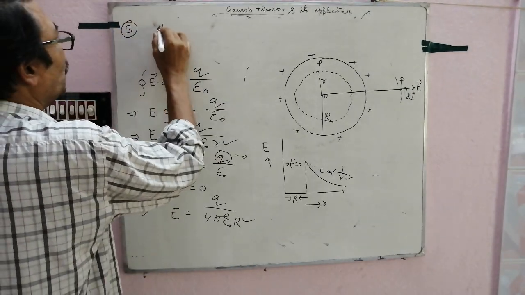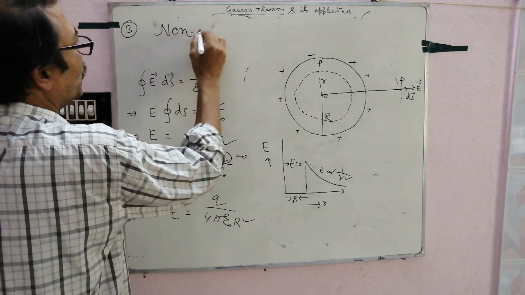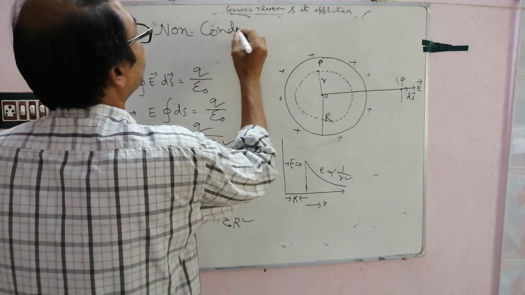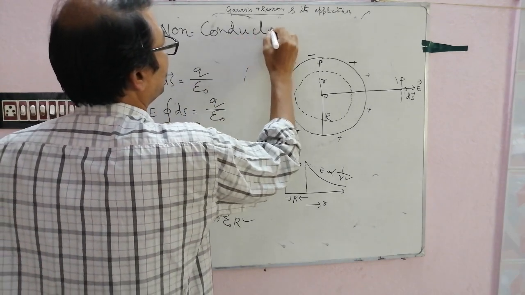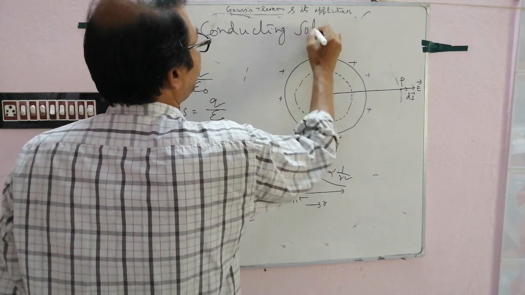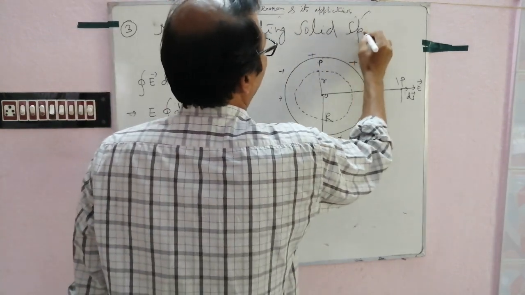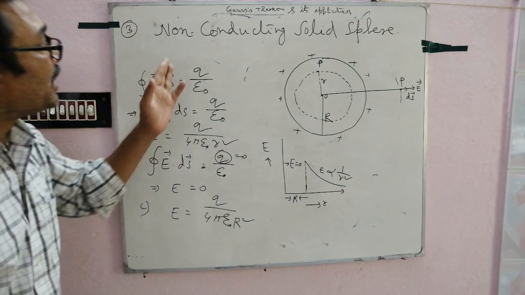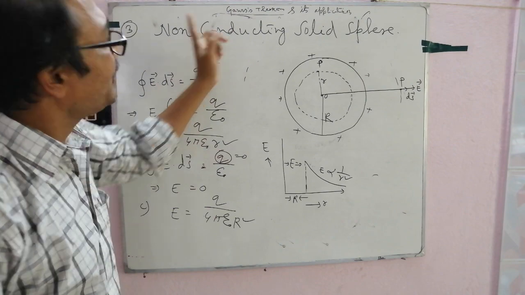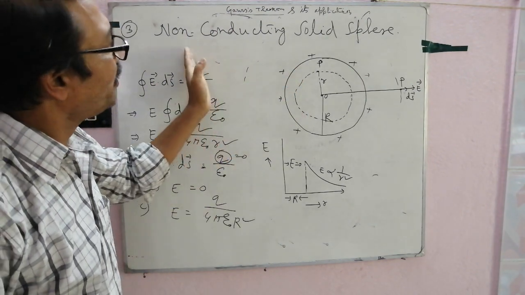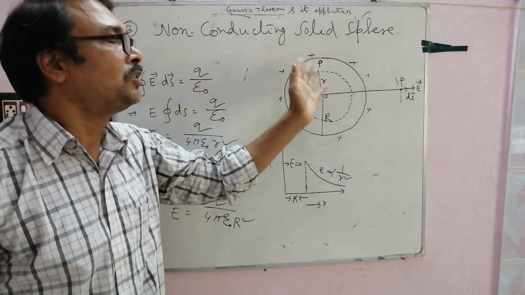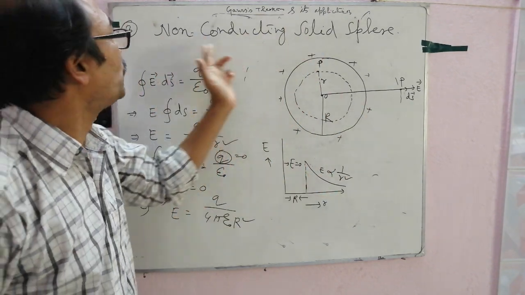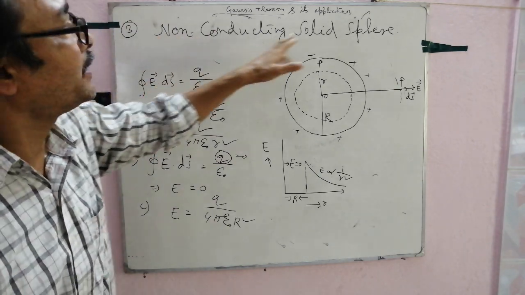Application number 3, non-conducting solid sphere. If it is a conducting solid sphere and a charge is given, the charge will reside on the surface. But here we take a non-conducting solid sphere.